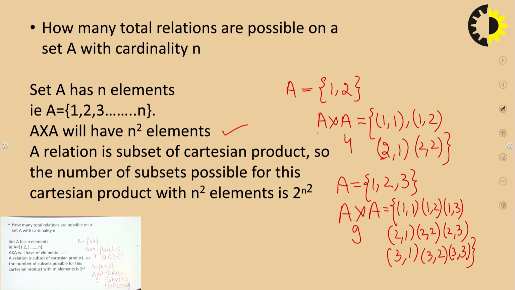Same way, since the number of elements in A cross A becomes n square, how many subsets will be possible for a set containing n square elements? The total number of subsets possible will be 2 to the power n square. So this is going to be my number of relations which are possible for a set A having cardinality n.